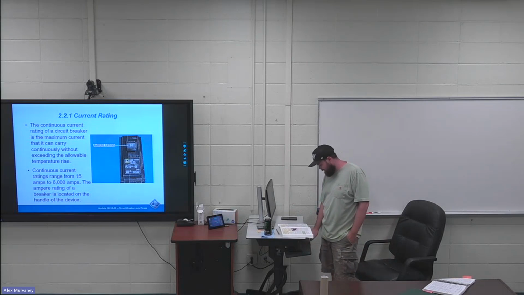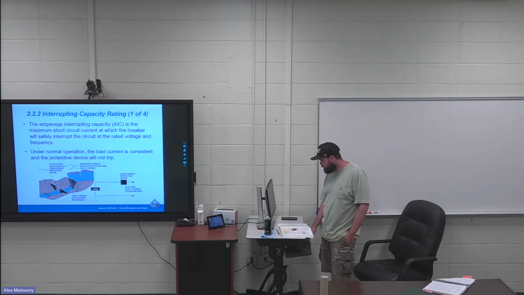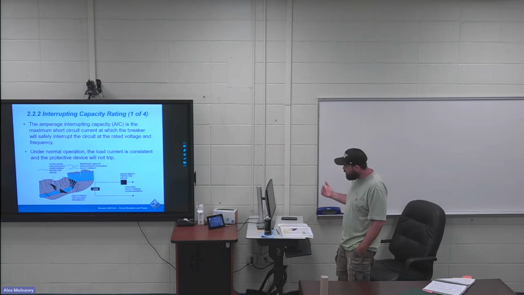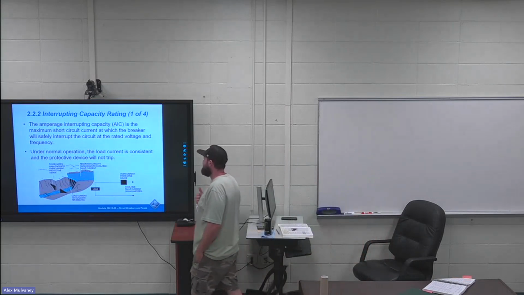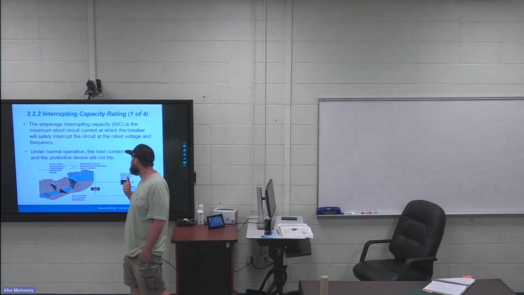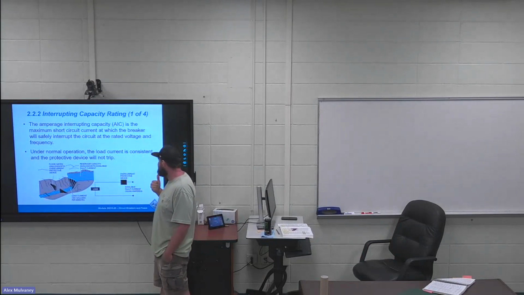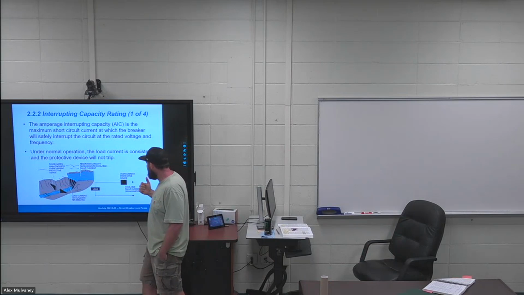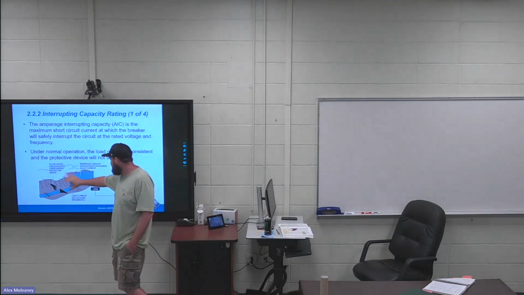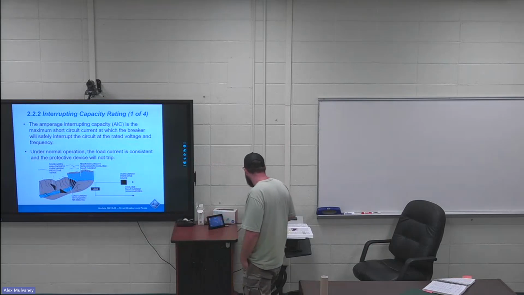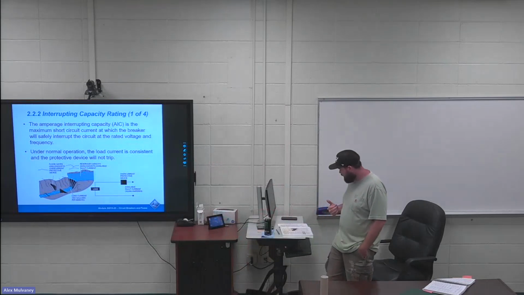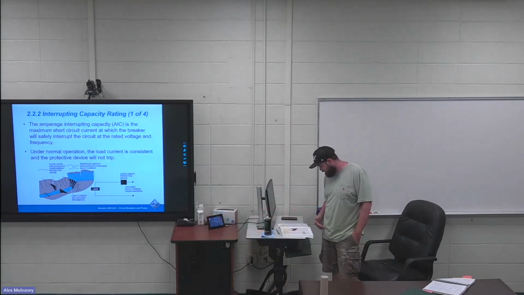Interrupting capacity rating, 222. So this is important. I don't usually tell y'all to read all of this stuff, but in order to understand interrupting capacity, the description they give of a dam and a river is a good job of explaining it, so I'm not going to go into it.